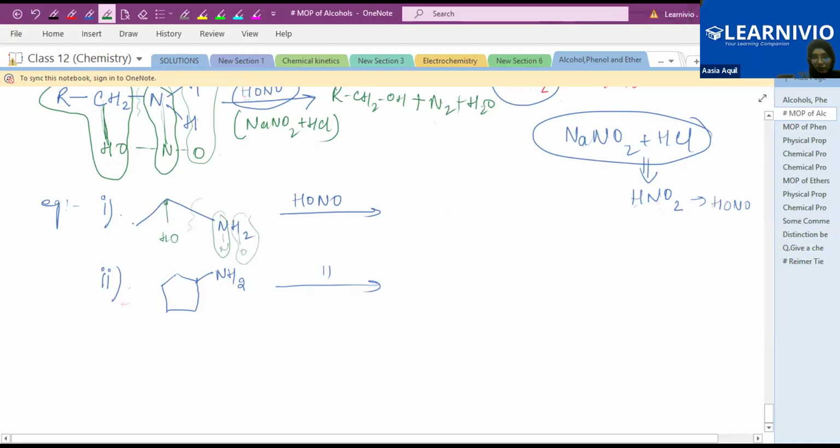So you will get ethanol plus N2 plus H2O. That is the product. Same here. This is the carbon. Which bond do you have to break? This carbon and nitrogen bond. So OH gets attached to this carbon.